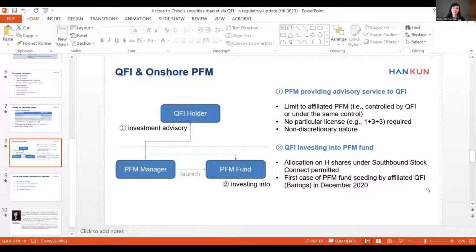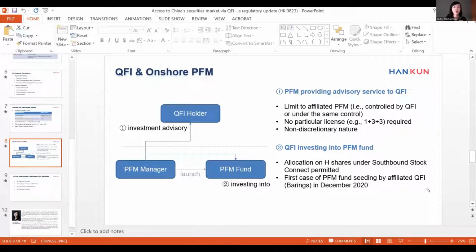We know that some big international asset managers have both the QFI license and have also set up their onshore PFM entities. So CSRC basically allows the onshore PFM to provide the so-called investment advisory services to their affiliated QFI. And so I think that gives the onshore PFM more business.